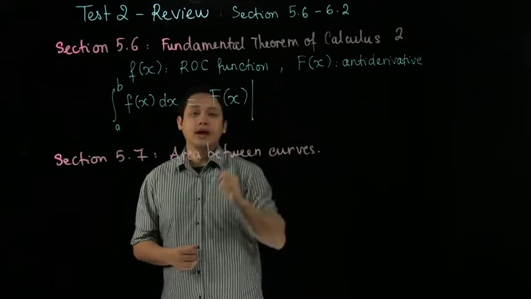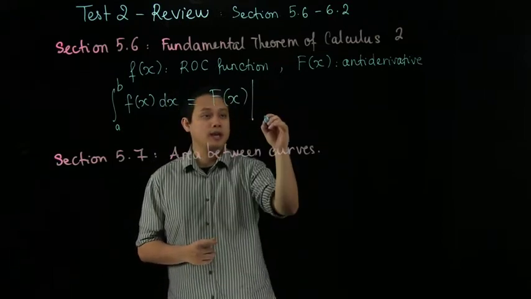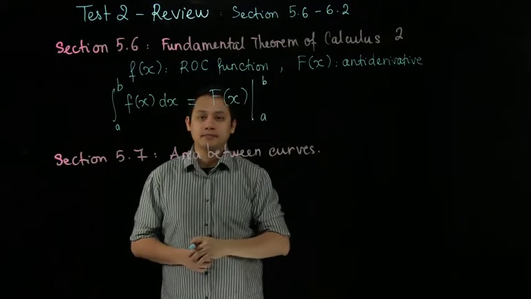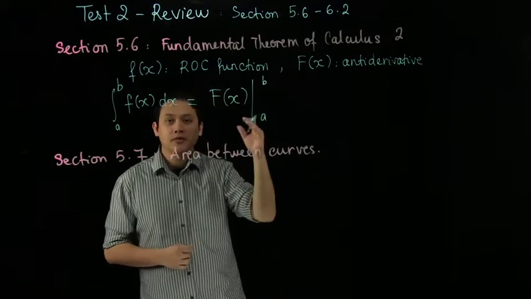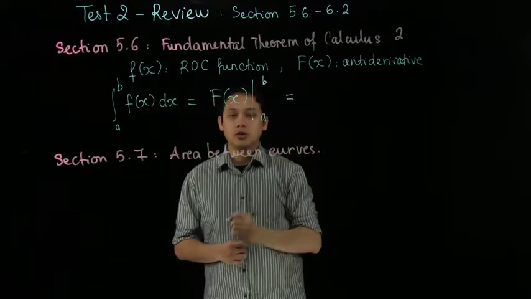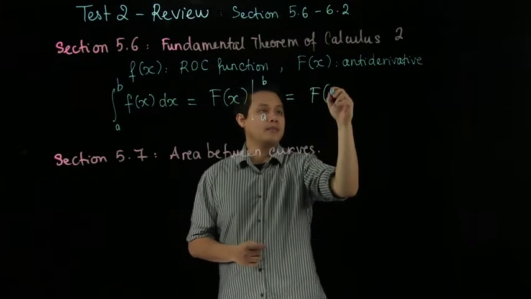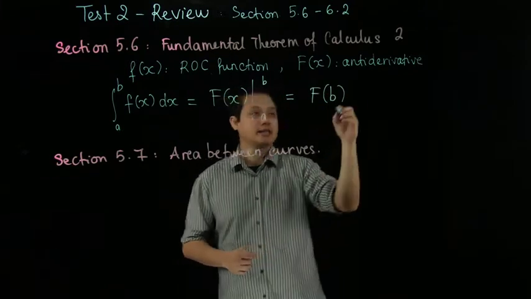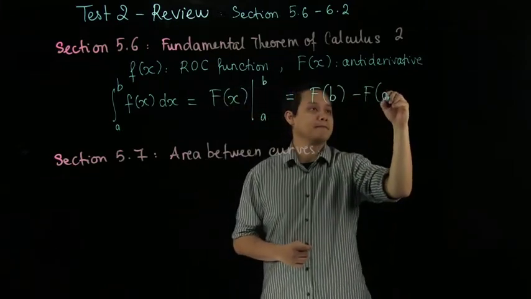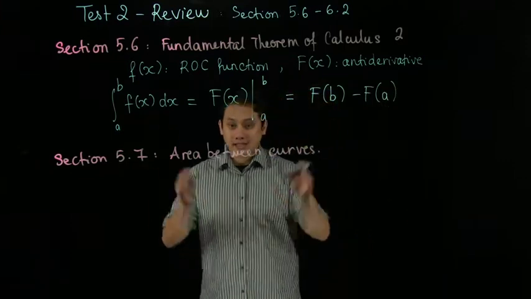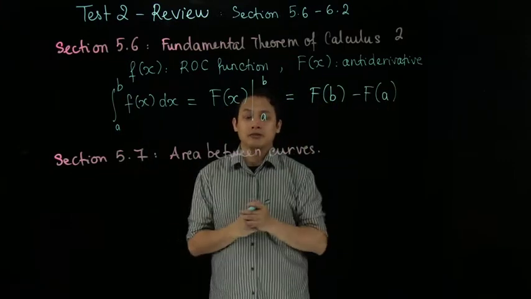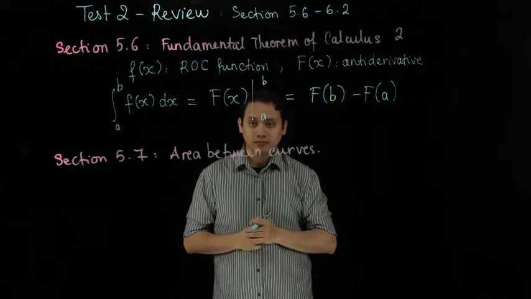And then you evaluate this antiderivative between a and b. And by the fundamental theorem of calculus, this is equal to capital F of b minus capital F of a. So basically, this is what you got for fundamental theorem of calculus part 2.